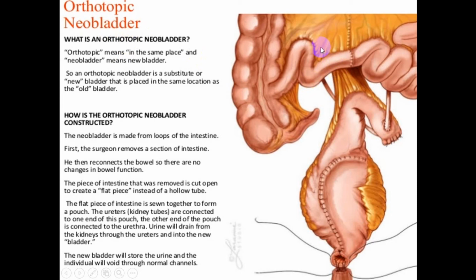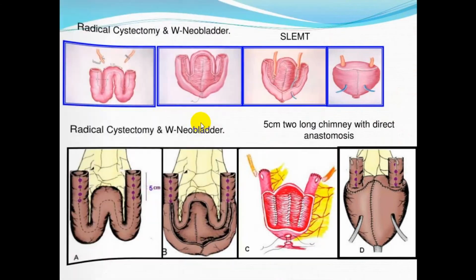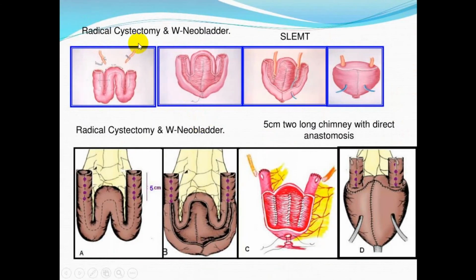If a bladder is removed, doctors can make a new one from the intestines, from loops of lower intestine. Here you can see the stages of this operation. If you want to know more, read about it in different sources. Radical cystectomy goes to neobladder. Here you can see we can have these loops, and there is a sac.